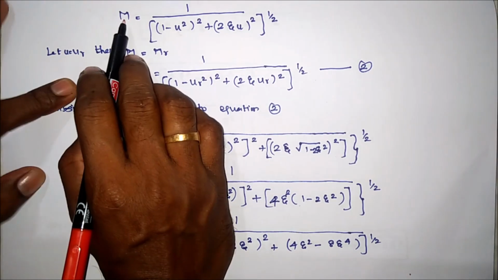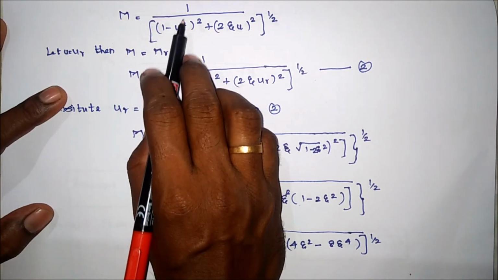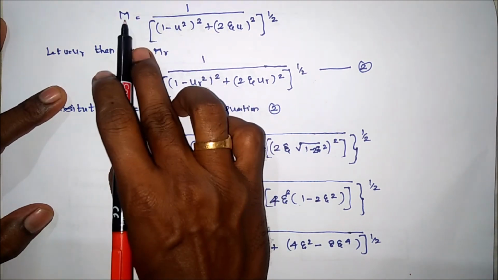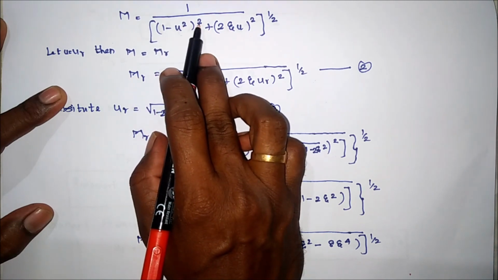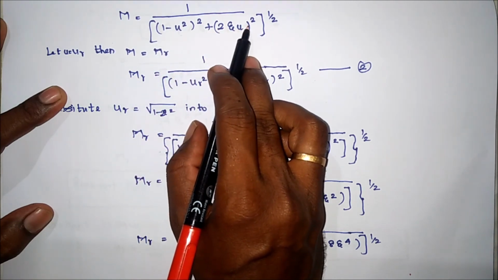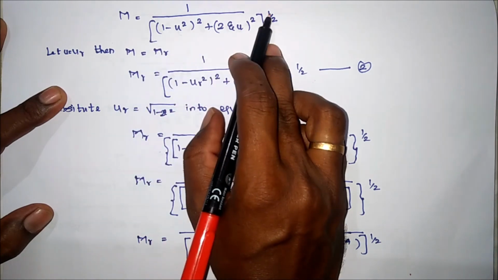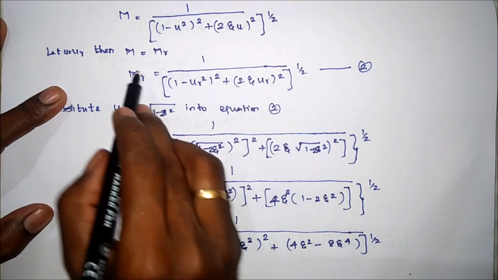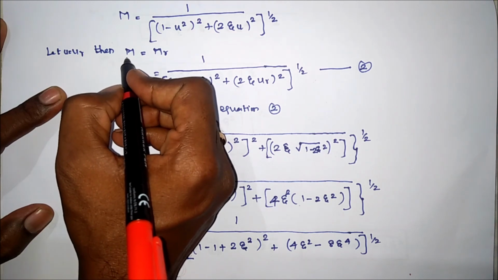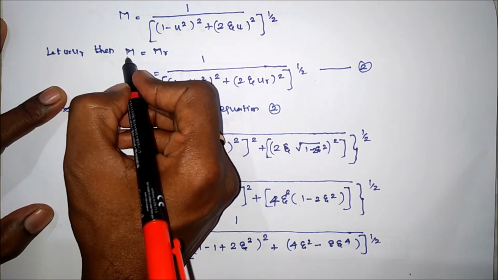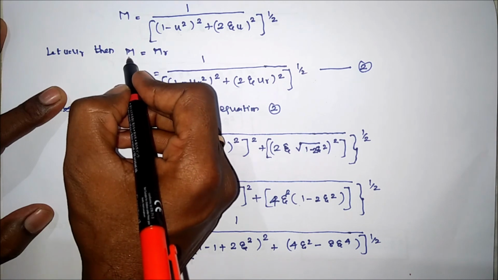So now m equal to, actually we found the value of ur. So m equal to 1 divided by 1 minus u square the whole square plus 2 eta u square, then square root, or we can say power 1 by 2. Now, according to the concept, we have to get the resonant peak value.